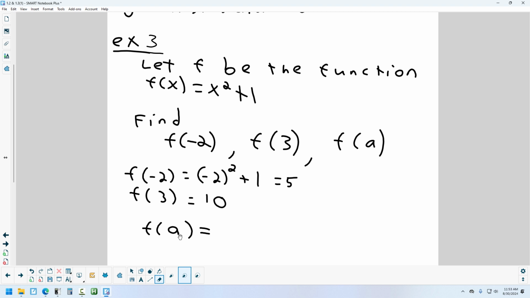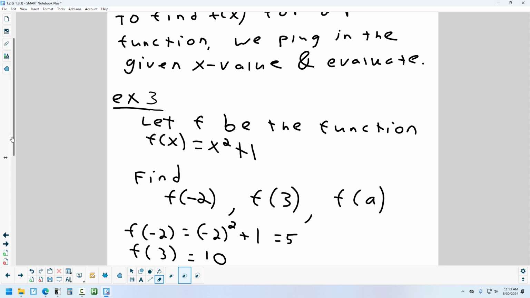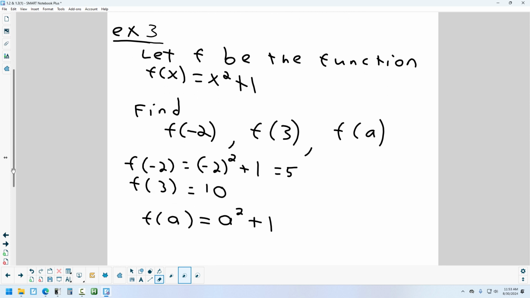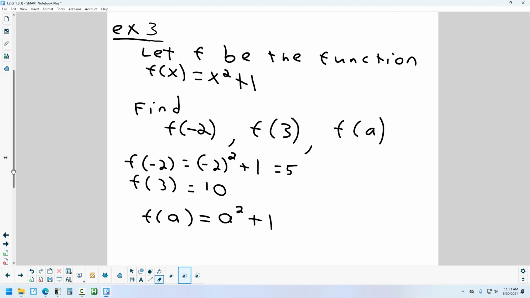What will you get if you plug in A? Yeah. A squared plus 1. Yeah, just A squared plus 1. So that's what it means to evaluate. Plug in whatever they give you for X and simplify. Okay. Any question on that?